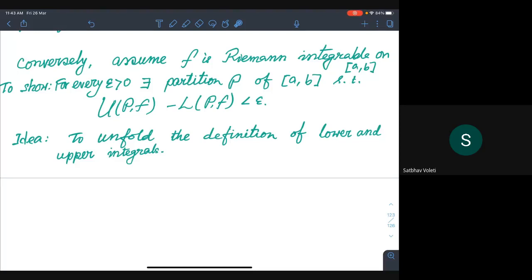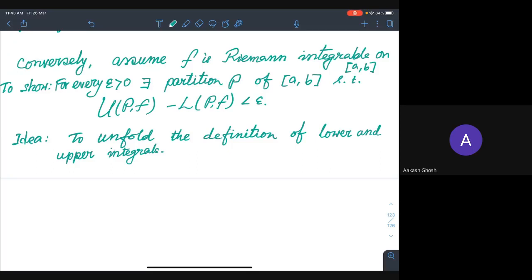Well, the idea, of course, is to unfold the definition of lower and upper integral. So what does it mean? We use the monotone convergence sequence to find out the supremum of the lower sums and the infimum of the upper sums.